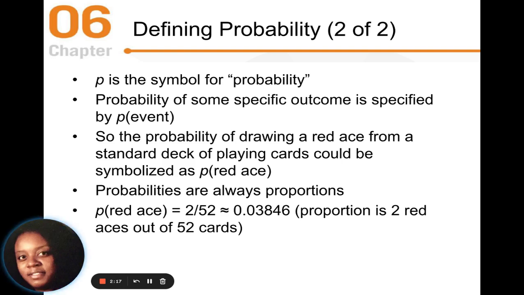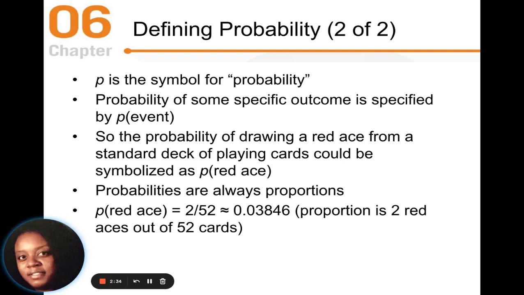P of that event. So the probability of drawing a red ace from a standard deck of playing cards could be symbolized as P(red ace), the probability of a red ace. Probabilities are always going to be proportions.